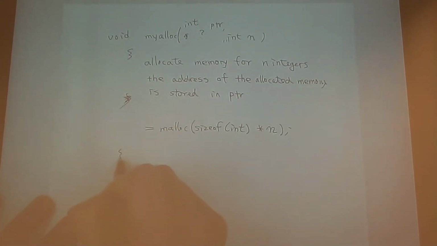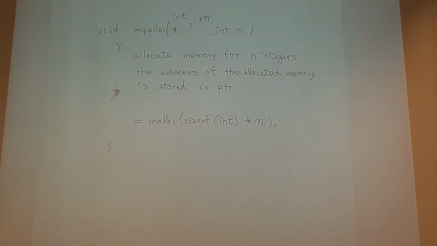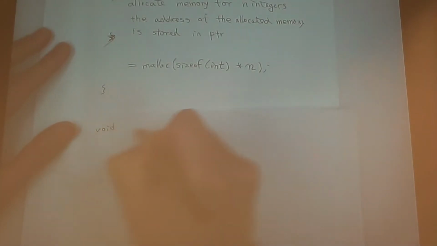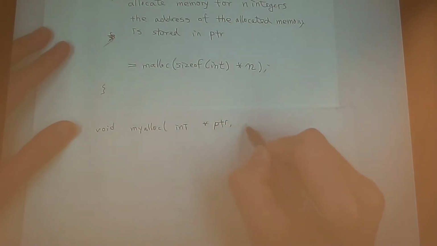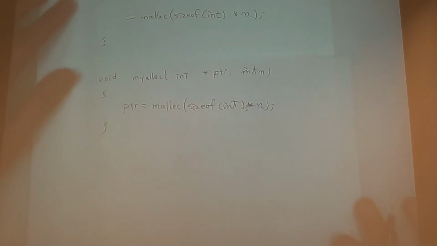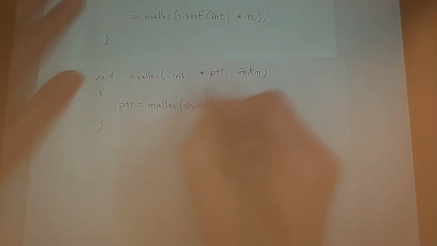The first version of this function is this one. Since I want to put an address, I'm going to say PTR and integer n. So I'm going to say PTR equal to malloc. And then how do I call the function?